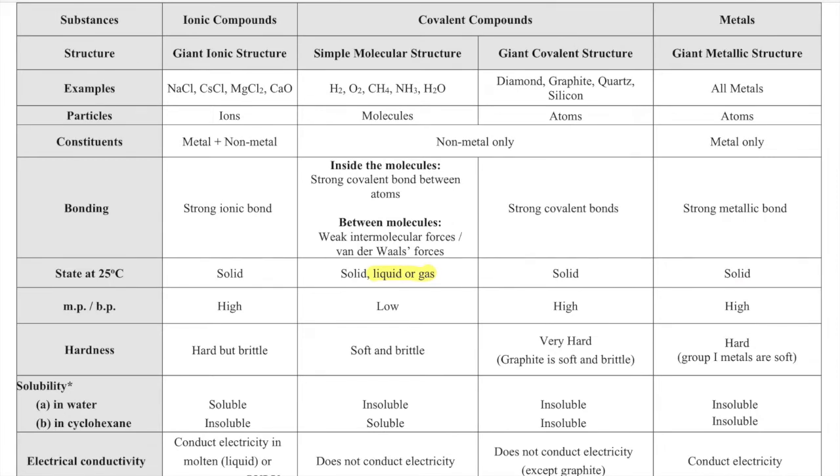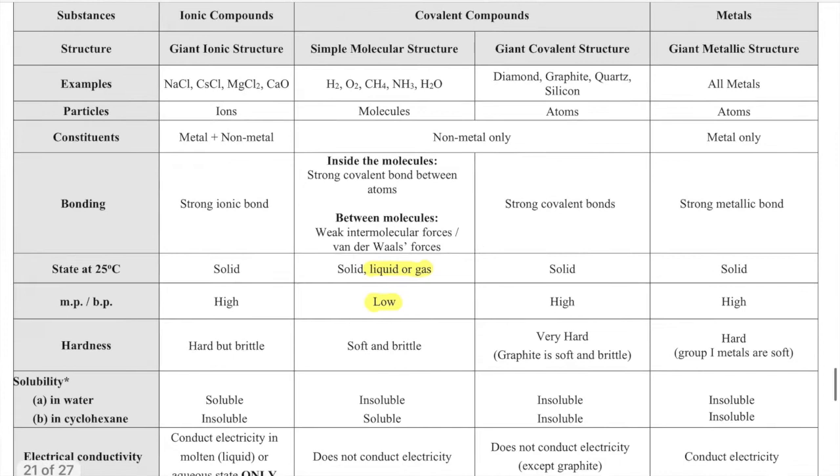Similarly, the melting point and boiling point. You can see giant ionic structure, giant covalent structure, giant metallic structure. If they have a giant structure, then they have a high melting point and boiling point. So again, I want you to highlight this part. If you are given a substance that has a low melting point, then you can conclude it probably has a simple molecular structure. The next row, hardness.